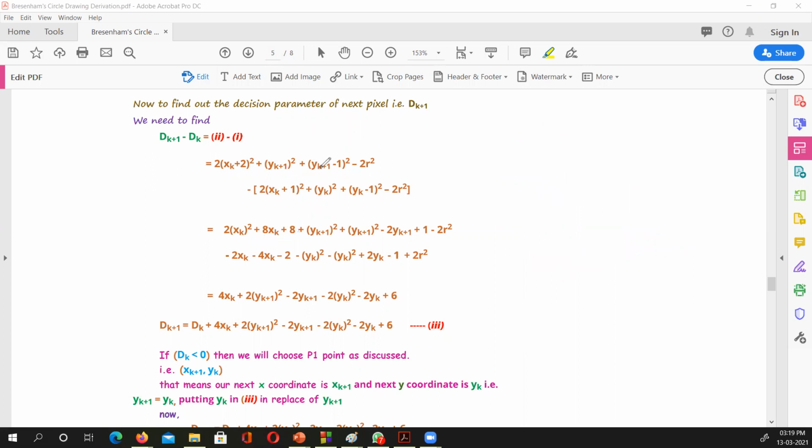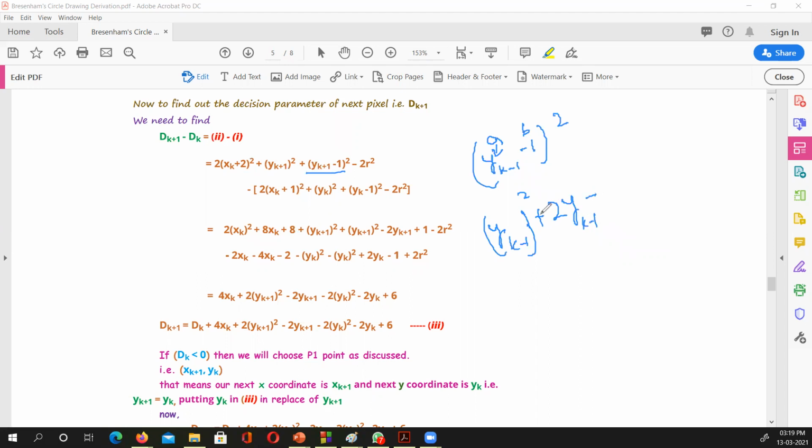Clear? Okay, now this one, this is y of k minus 1 minus 1 ka whole square. Now for this a is y of k minus 1, for this b is this. So this is a square, that is y of k minus 1 ka square plus twice ab. So 2 into 1, that is 2. A is y of k minus 1 and b is 1 into 1, that is same.